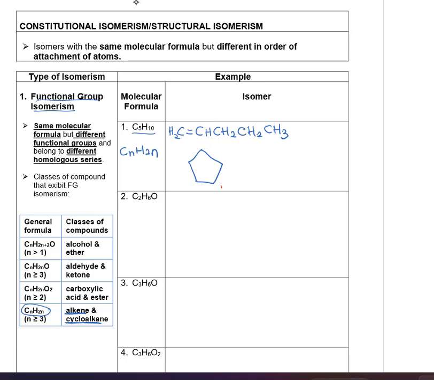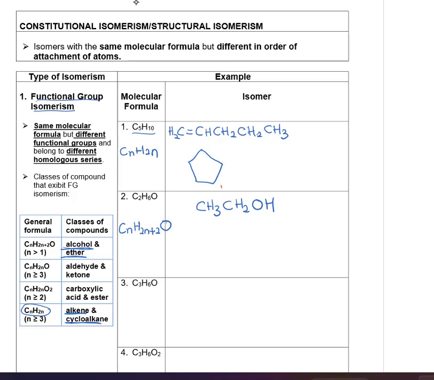Next is CnH2n+2O. For this one, I can draw an alcohol and also an ether. So CH3CH2OH: there are 2 carbon, 6 hydrogen, and 1 oxygen.